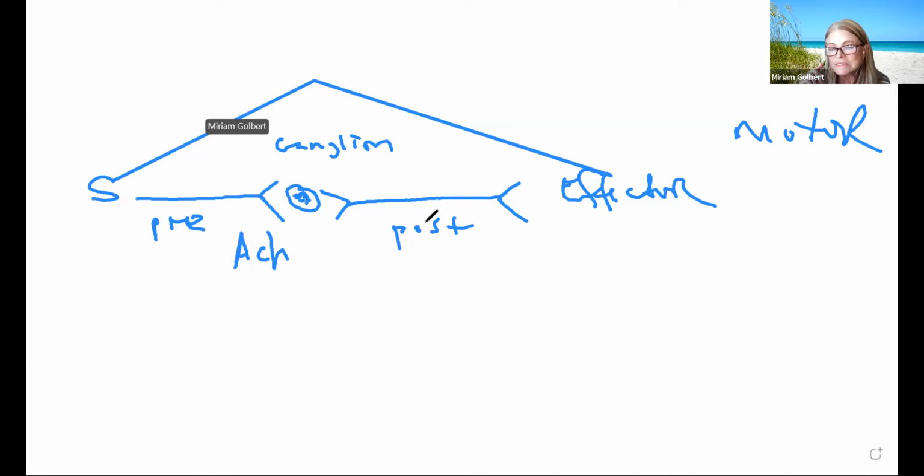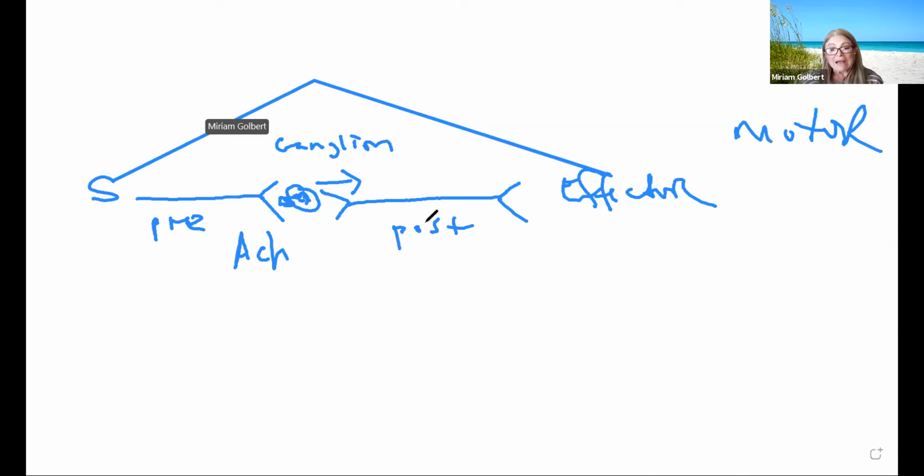So what do you think is the receptor on the ganglion for acetylcholine to be able to continue on with the depolarization? Is it a muscarinic or a nicotinic receptor for acetylcholine? Nicotinic, yes. So this little nicotinic receptor here with acetylcholine is going to cause a depolarization on the post, right?